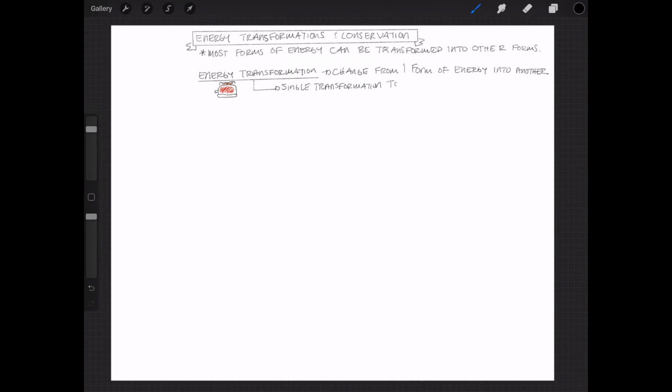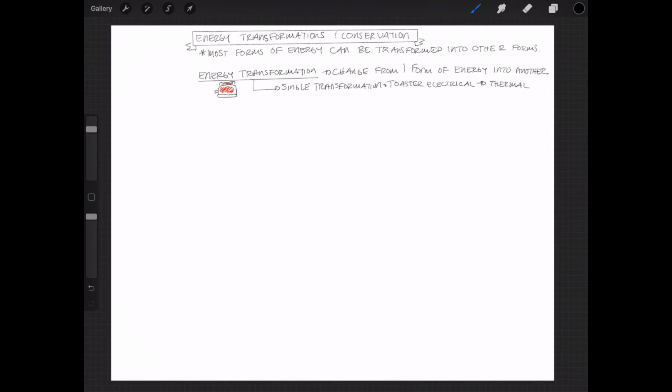Well, my toaster takes electrical energy and it transforms it into thermal energy. And it's the thermal elements inside the toaster that are doing the toasting. Right?